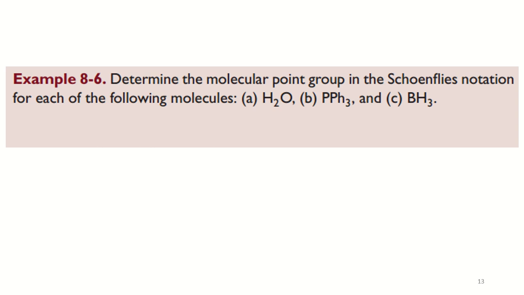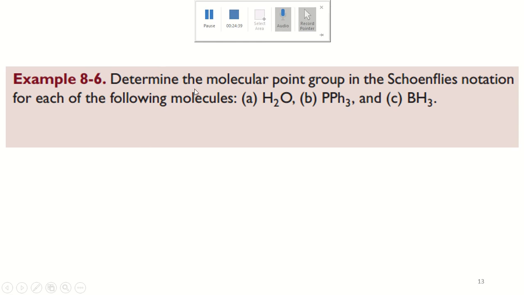So let us talk about another example, and this is your assignment. Determine the molecular point group in Schoenflies notation for each of the following molecules. I do believe that you are very well familiar with the point groups, and this is your assignment: to draw the molecular point groups for water, triphenylphosphine, and BH3.